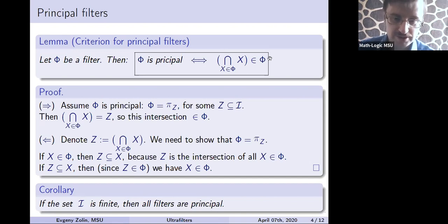So it is again in phi. And so by our criterion, by our necessary and sufficient condition, this filter phi will be principal. So over finite sets I, we cannot build non-principal filters. But over infinite sets, we can.